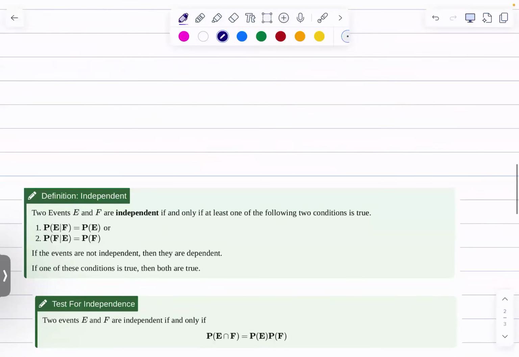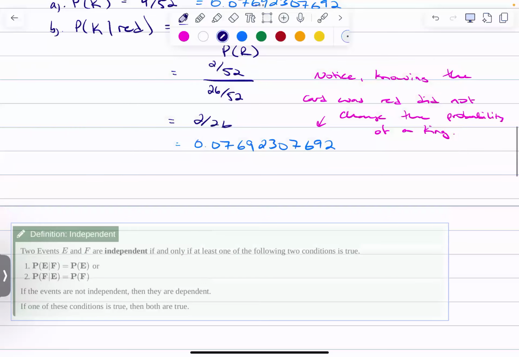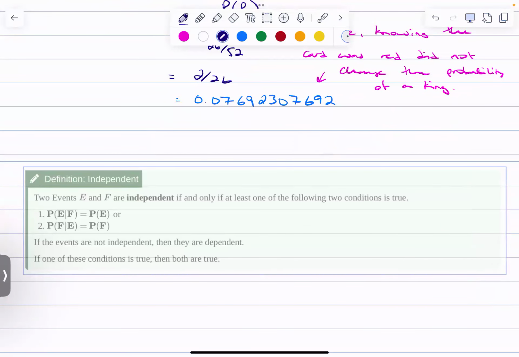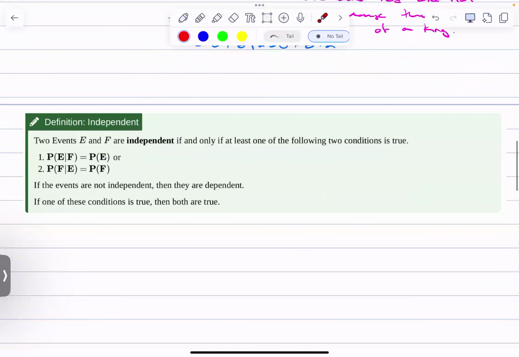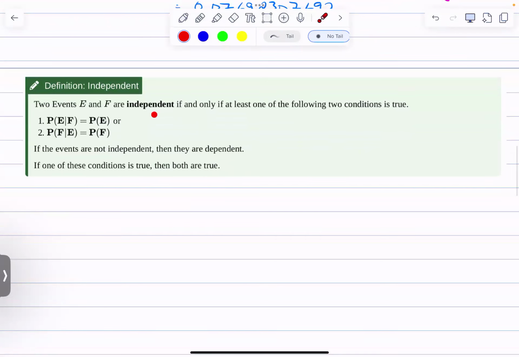So here's a definition for us. Two events, E and F, are independent if and only if at least one of the following two conditions is true.